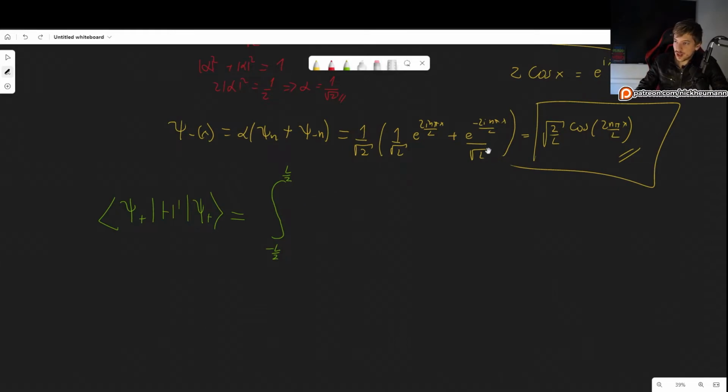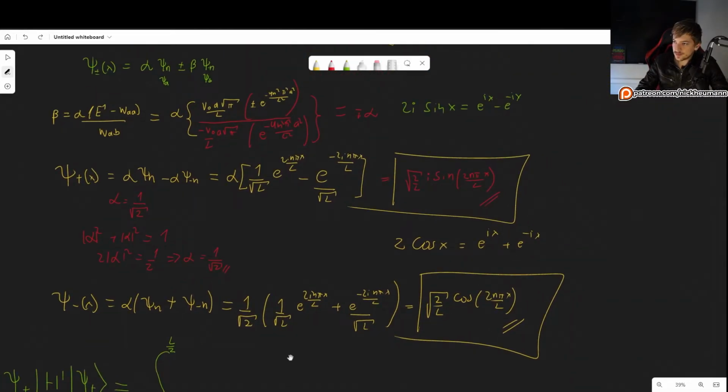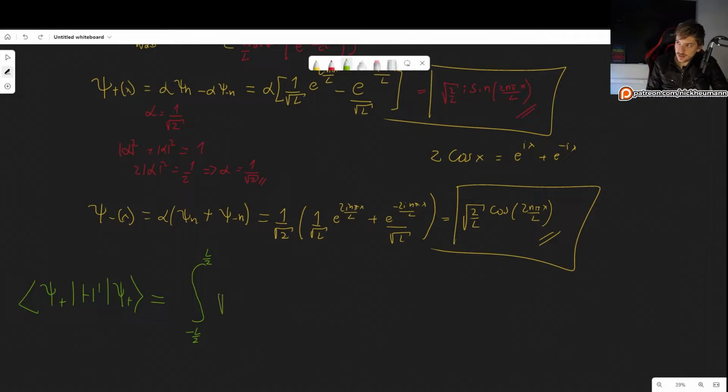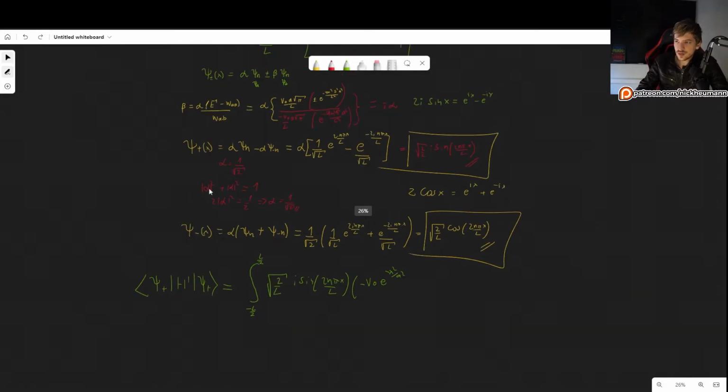Actually, no, so this is plus. So in the plus case, we are here. So we have square root of 2 over L, i sine of 2n pi x over L, times our perturbation minus v0 e to the minus x squared over a squared. And is that it, or was there something else to it?